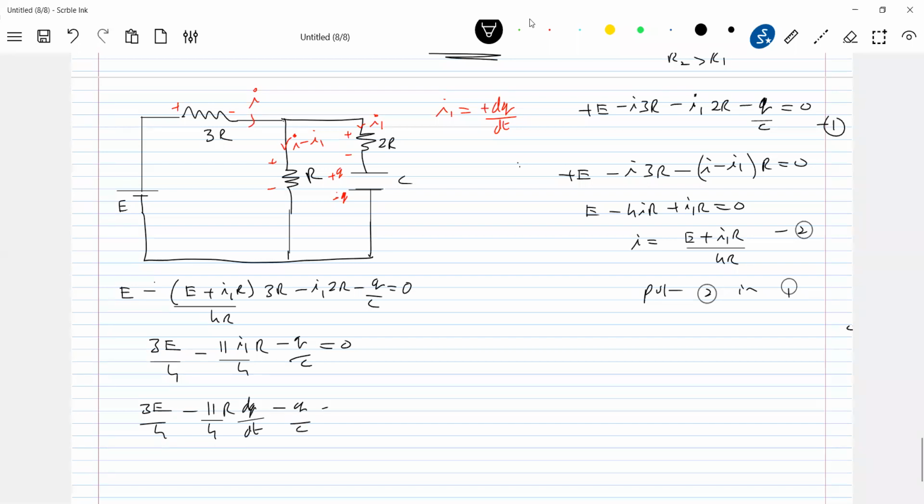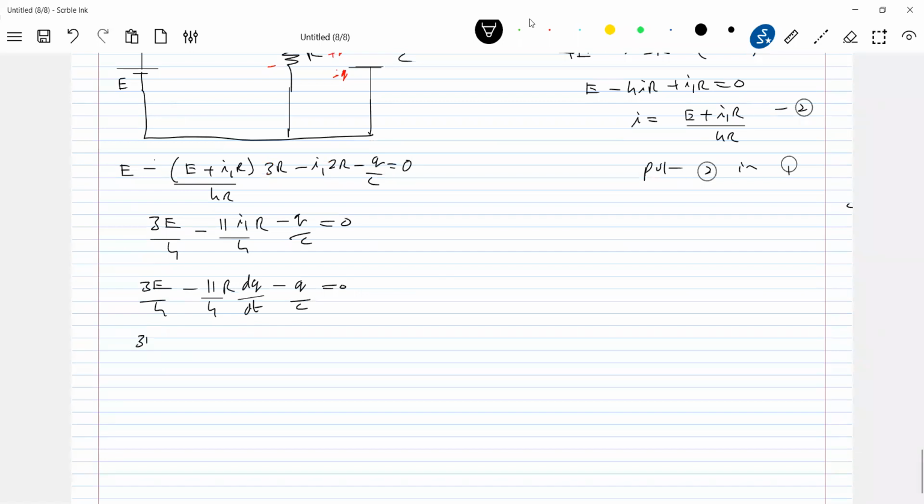Again the equation will come to the same form, you see, equal to 0. So this will be 3E by 4 minus Q by C, 11R by 4. Sir, it's E by 4, not 3E by 4. Yes, sir. E by 4 only will come. Okay, got it.